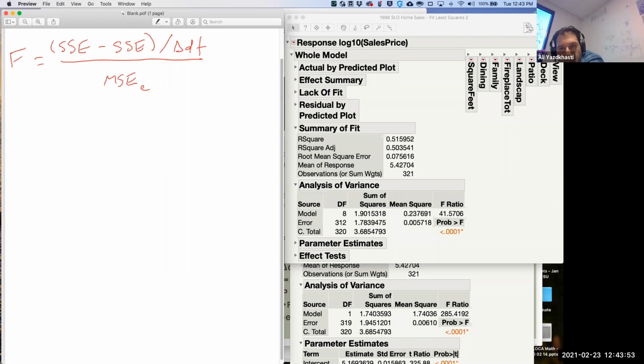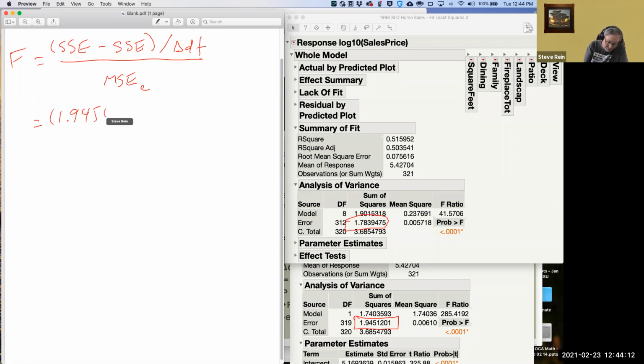The sum of squared error here is 1.78 for the model with all of the terms, and for the model with just one term, 1.945. So 1.945, 1201, minus 1.7839, 475.